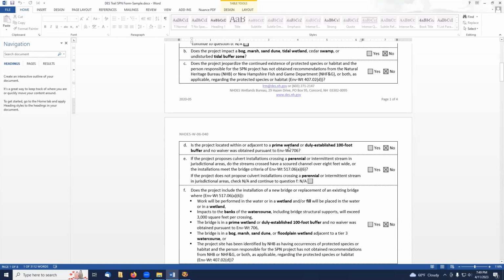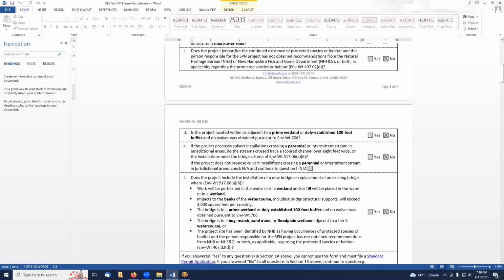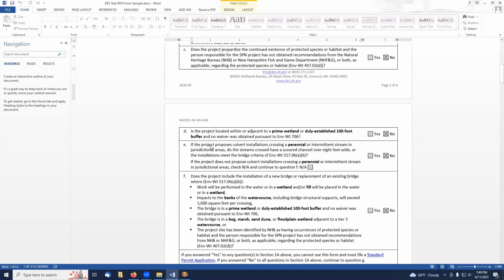So if you hear the words prime wetlands, you don't want to be anywhere near it. E, if the project proposes culvert installations crossing a perennial or intermittent stream, do the streams crossed have a scoured channel over 8 feet wide or the installations meet bridge criteria? Okay.